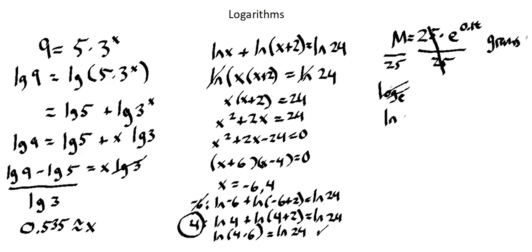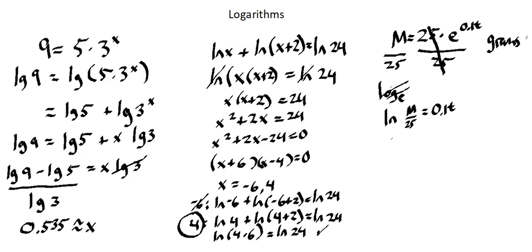Now the value of my original equation, I've manipulated it to be m over 25. And this is my value in my logarithmic equation. So the natural log of m over 25 is 0.1t. So this equation tells me that using natural logs to arrive at a value of m over 25, I apply the exponent 0.1t.